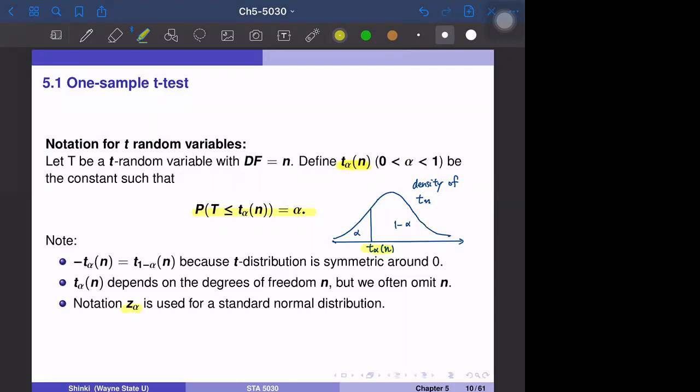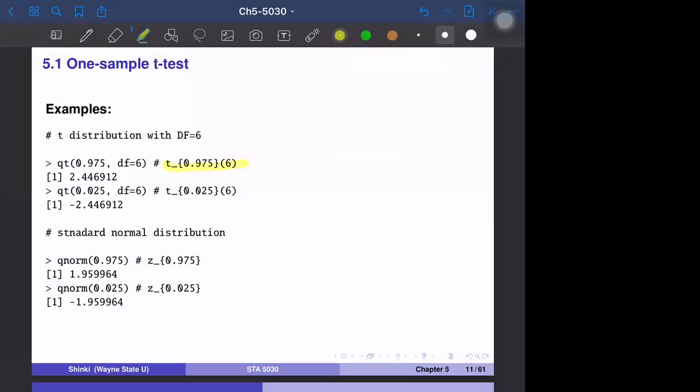So for example, what is t sub 0.975 of 6? That is the quantile point for the T distribution with df 6. The T distribution should be symmetric. Okay, so this is the T distribution with df 6.